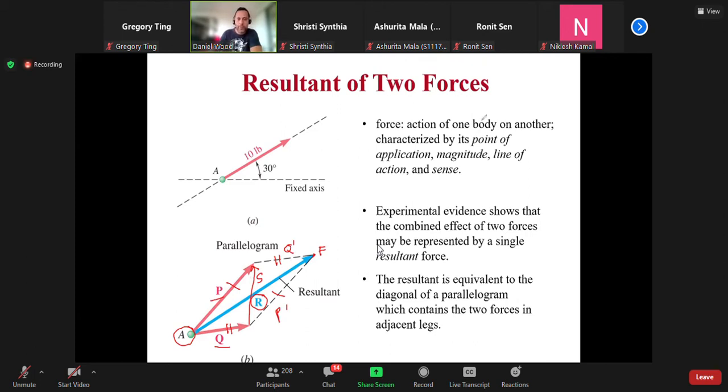If I were to distill it down, it's a visual rule, or a graphical method for determining resultants. So if you had set squares and rulers, you could simply measure the angle between P and the horizontal. I would come to the end here and measure that angle again, and if that was angle theta, this would be angle theta, and I would draw a line.